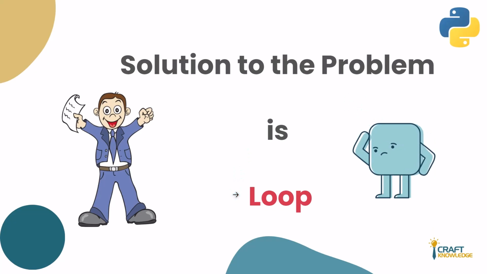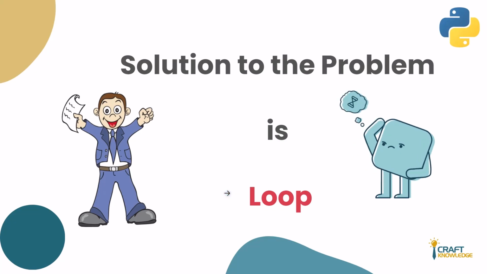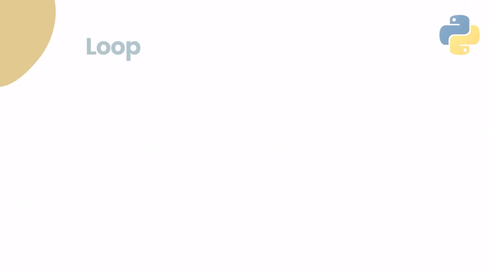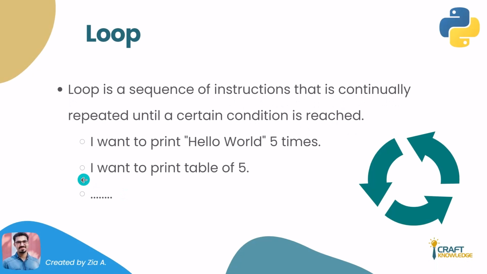Hey loop, how can loop solve my problem? So what was the problem? The problem is I want to repeat a task. How is loop going to help me out? Let's see. A loop is a sequence of instructions that is continually repeated until a certain condition is reached.